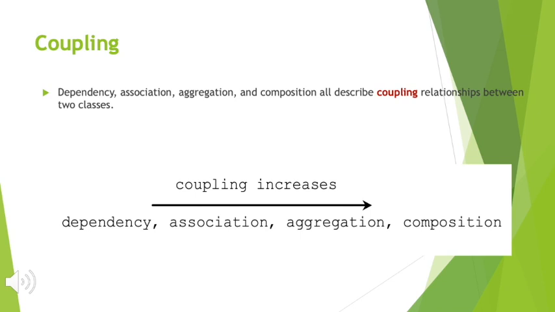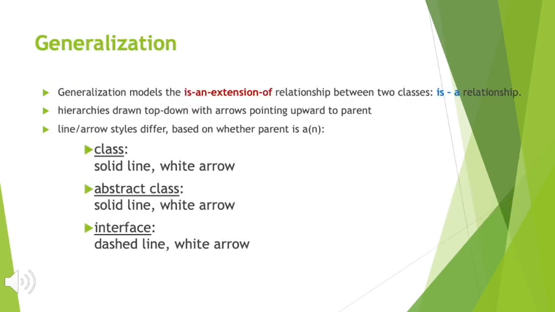So coupling shows the relationship between two classes. When the coupling increases, it goes from dependency, then association, then aggregation, and then composition. So composition is the strongest relationship between two classes. That's how it shows the flow.